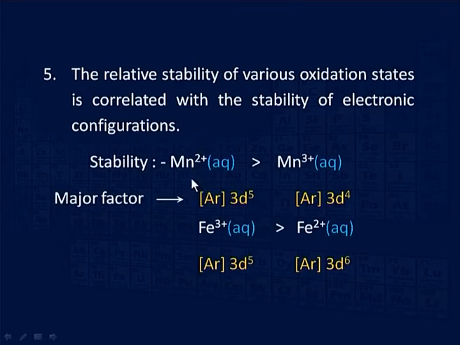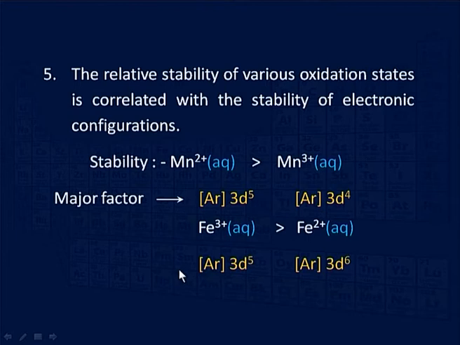Let us see the example of manganese having two different oxidation states, Mn2+ and Mn3+. Here the major factor lies in the electronic configuration. Manganese 2+ has 3d5 electronic configuration, while it is 3d4 in the case of manganese 3+. Of course, 3d5 is more stable, and that is why manganese 2+ is more stable in the aqueous medium.